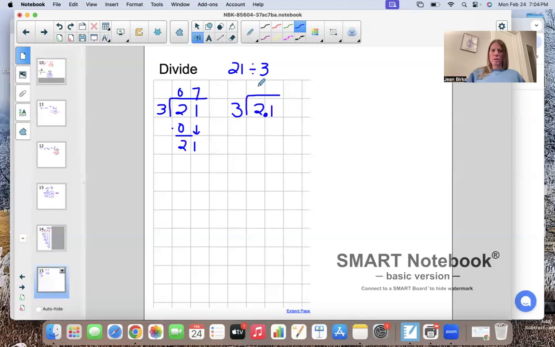I'm going to go like this. Same thing. 0, 0, 2. Bring down the 1. 7, 21, 0. Same problem, but I shouldn't get the same answer because I don't have the same amount of money. $21 is a lot different than $2. See that decimal here? That should also be straight up.